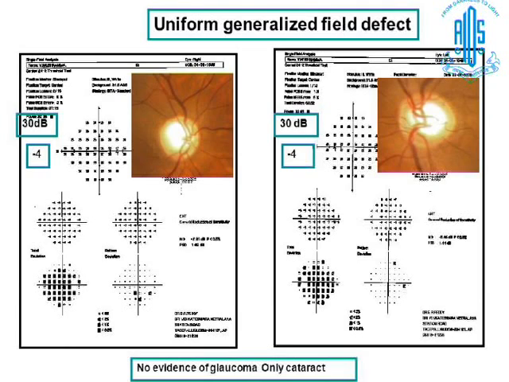Suppose the black square only indicates the deviation loss is more than 7 dB or 8 dB. Any cataract will produce a generalized field defect, and the loss is only minus dB at all the points. Suppose this patient develops a localized scotoma here, the probability plots won't change, already they are black.